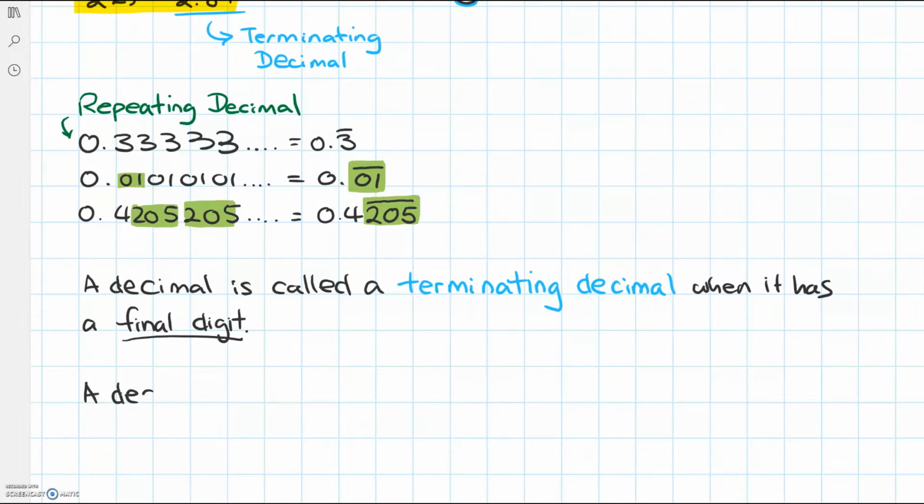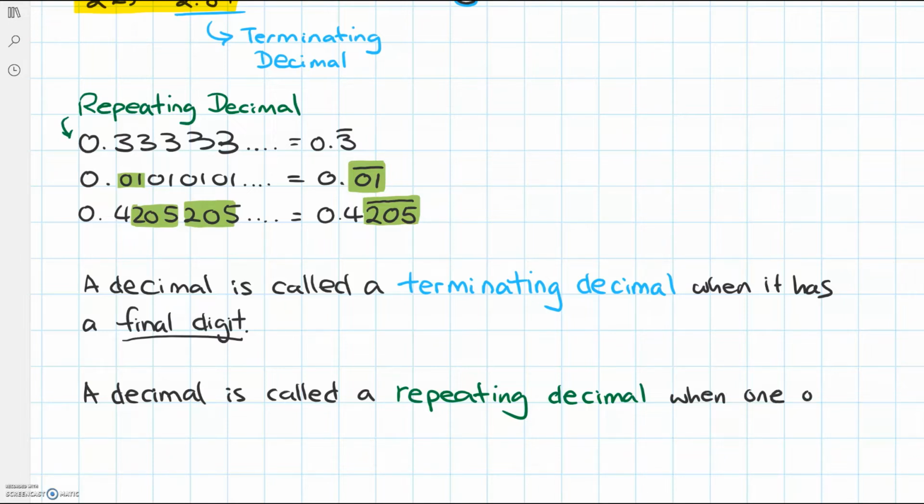A decimal is called a repeating decimal when one or more non-zero digits repeat. So it can't just be, well, 0.400000.